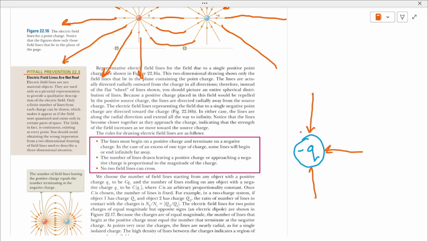Now say you have a second charge of magnitude twice that, minus 2Q. Well, now you would have to draw 8 field lines to remain consistent with your magnitude.